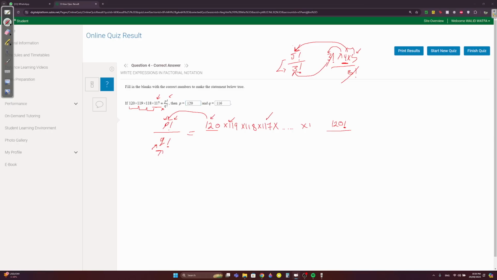So now, since we stopped at 117, what came before 117 got cancelled. Why did it get cancelled? Because that was the factorial in the denominator. And what comes before 117? Obviously 116 factorial. So this q factorial will be 116 factorial. So 120 and 116.